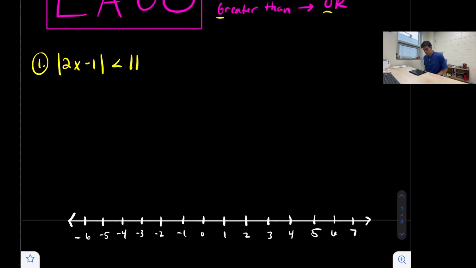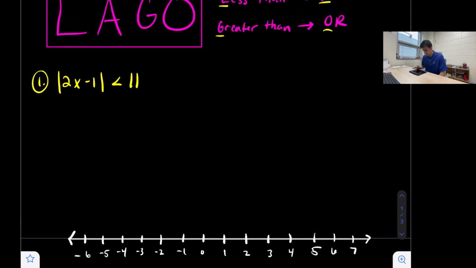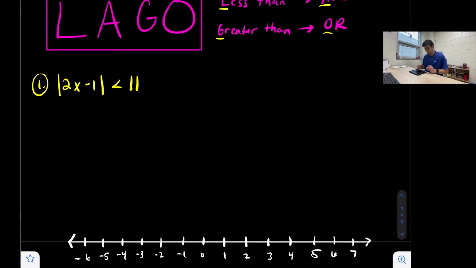Number one, we have the absolute value of 2x minus 1 is less than 11. So we see that less than, and we need to think and, right? Less than and. So we can go ahead and set up our two compound inequalities. The first compound inequality, we are going to write just as it is written. So we're going to say 2x minus 1 is less than 11. Is that exactly as it's written? We're just dropping the absolute value bars.